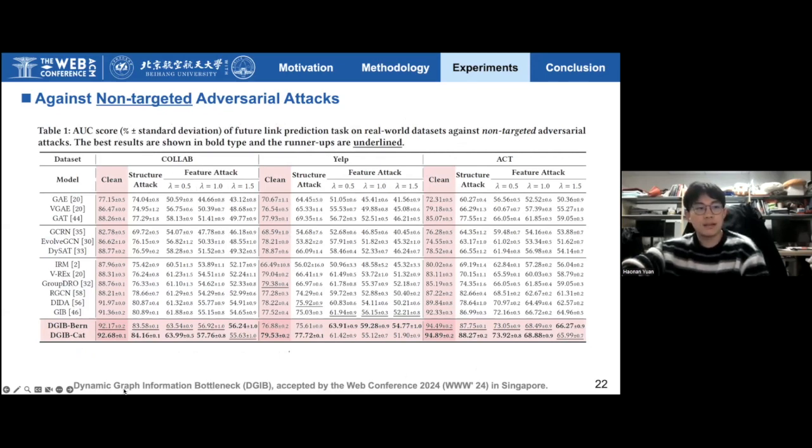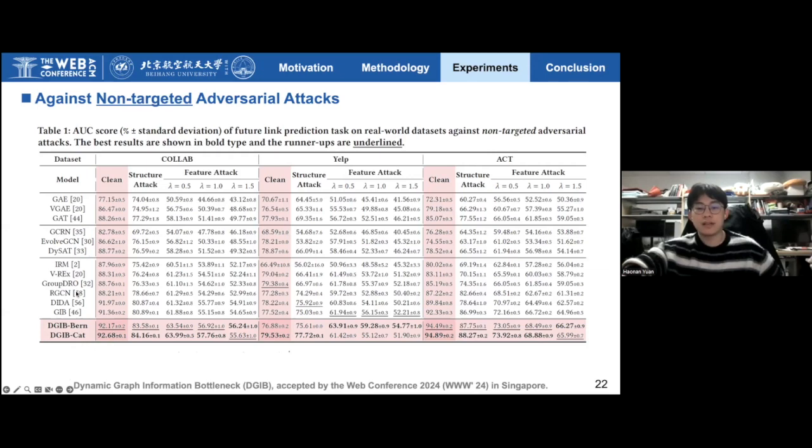So we can find that the DGIB-Bern, which means the Bernoulli distribution sampling, and the DGIB-Cat, which means the categorical sampling, outperform the GIB and other baselines in most scenarios. The static GNN baselines fail in all settings as they cannot model dynamics. And the dynamic GNN baselines fail due to their weak robustness.